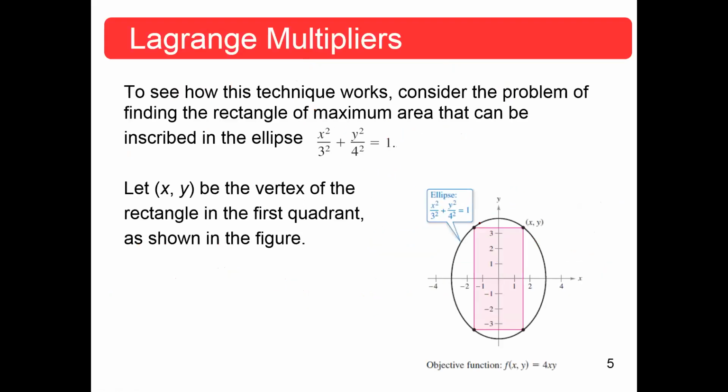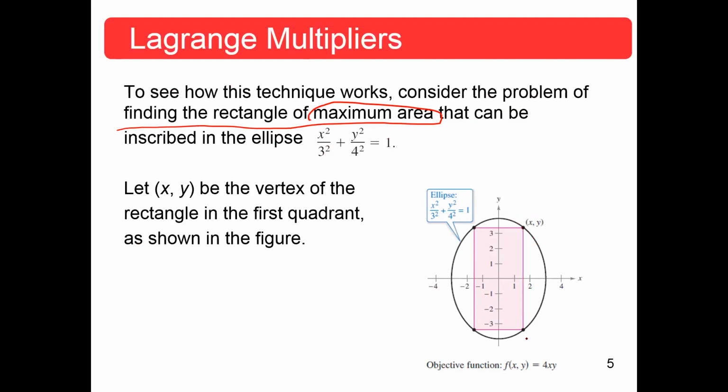I'm going to introduce this problem for you guys. To see how this technique works, consider the problem of finding the rectangle of maximum area. So you see, we're maximizing the area. That can be inscribed in the ellipse x squared over 3 squared plus y squared over 4 squared equals 1.